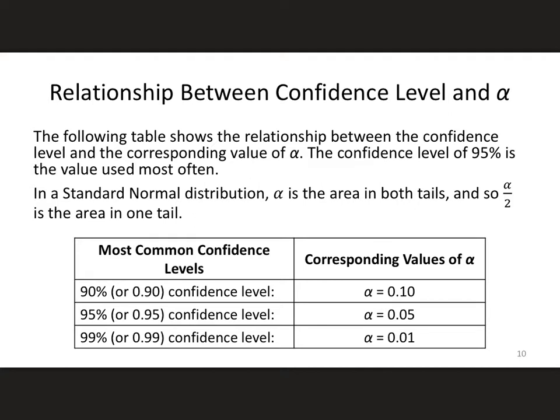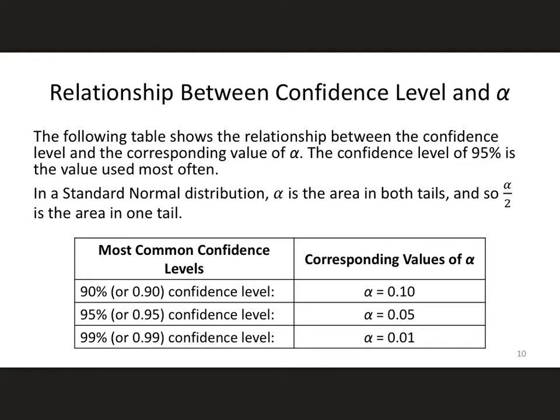The table shows the relationship between the confidence level and the corresponding value of alpha. The confidence level of 95% is the value most often used. In a standard normal distribution, alpha is the area in both tails. So alpha divided by 2 is the area in one tail.